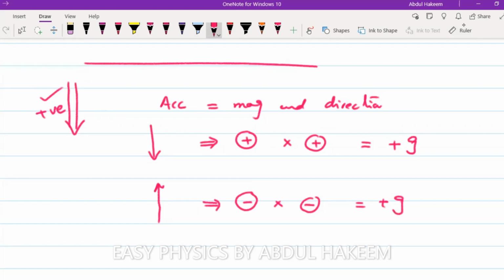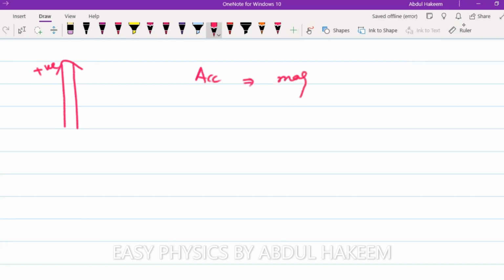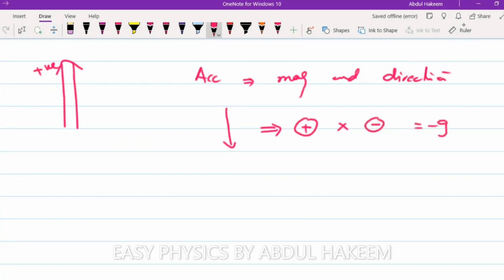So if the direction is mentioned in the paper, downward taken as positive, then up and down both will be positive. If the upward direction is given in the paper as positive, then acceleration, which has magnitude and direction: for the downward motion, the magnitude of the velocity increases, but this direction is opposite to the given direction, so negative, so minus g.